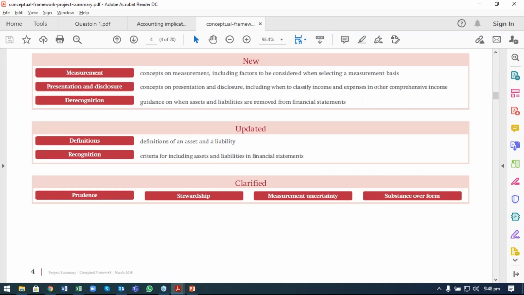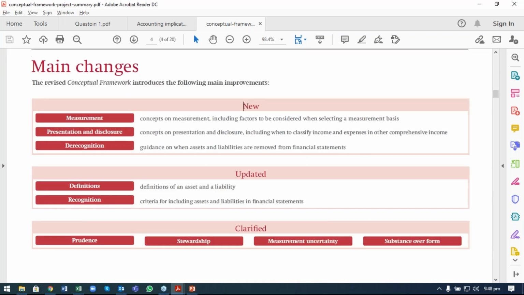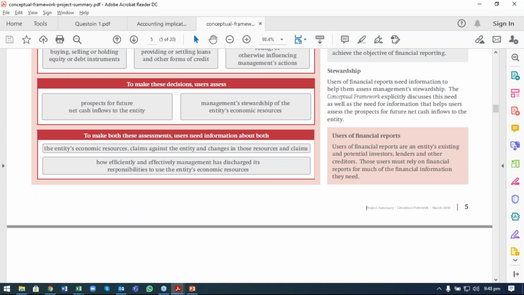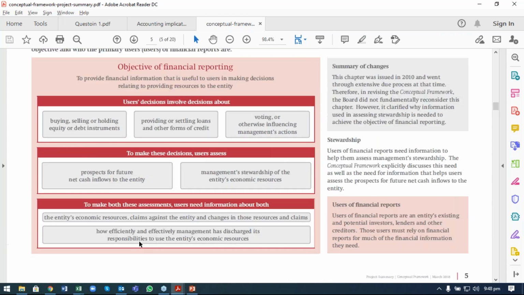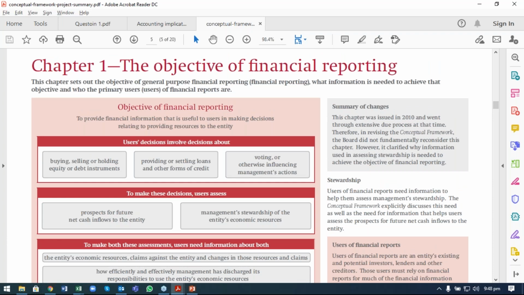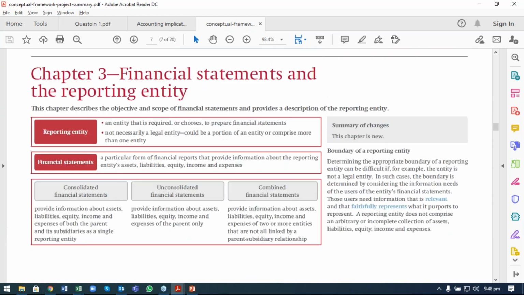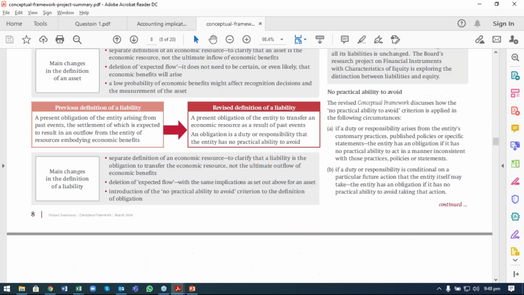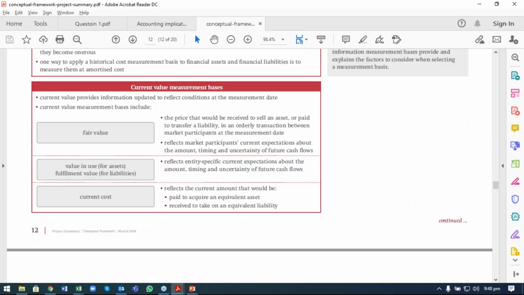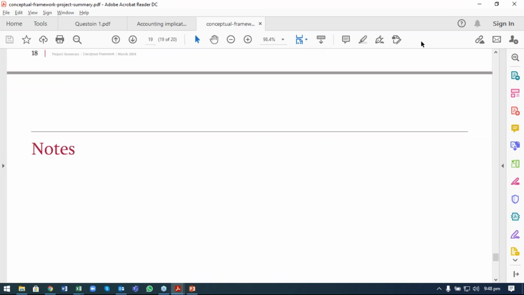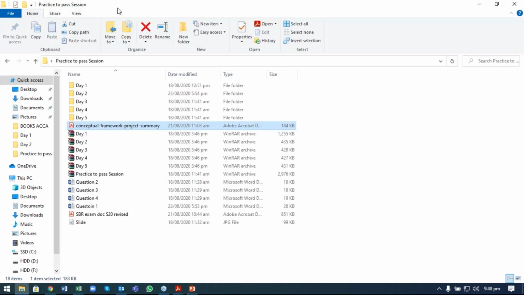It's just a summary document, so you can read it to see what changes were made to the whole framework document. There are a few adjustments. You can go through these documents and you'll understand the impact of the revised framework and how it actually works. I'll be sharing this document tomorrow with you guys within that section.